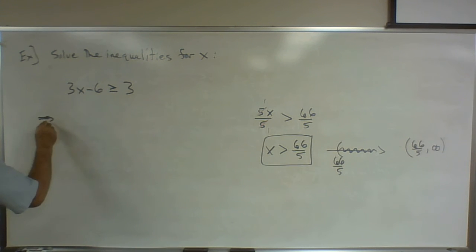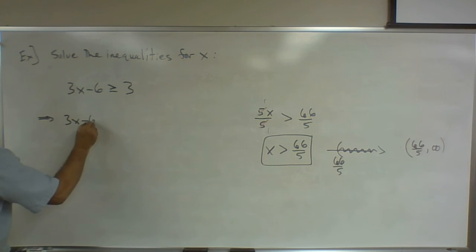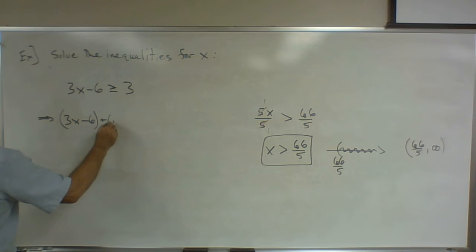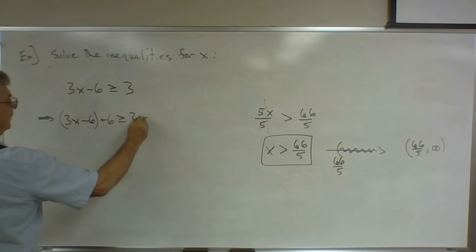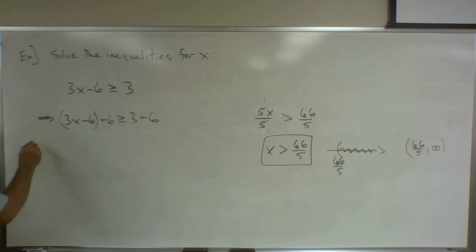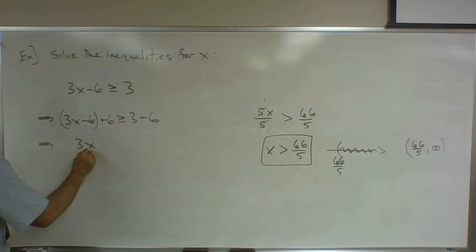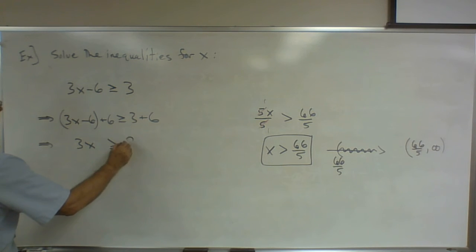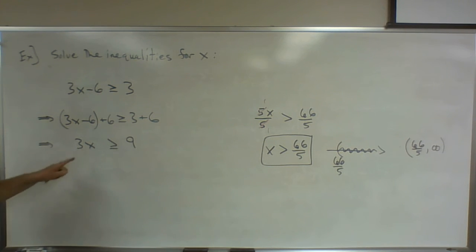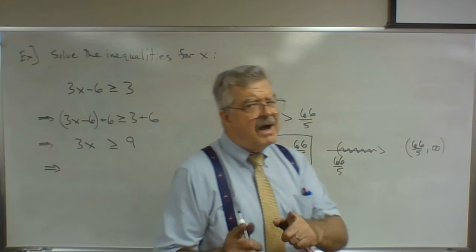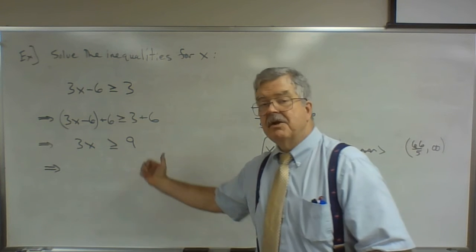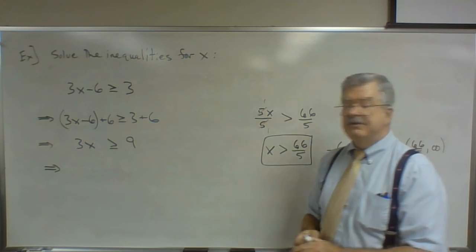So I'm going to add 6. 6 minus 6 is 0. I have 3x greater than or equal to 9. I want to get x by itself, so I'll divide both sides by 3. And I'm dividing by a positive number, so the inequality will still point in the original direction.